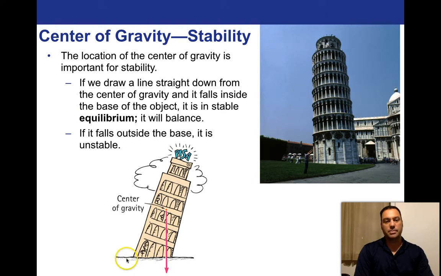Yep, it stays within the base, so the base goes from here to here. It is in stable equilibrium. As long as that arrow falls within here, you're okay. If it happened to fall out here, it's going to fall down. If it falls outside the base, it is unstable. Pisa would fall right over. Cool.